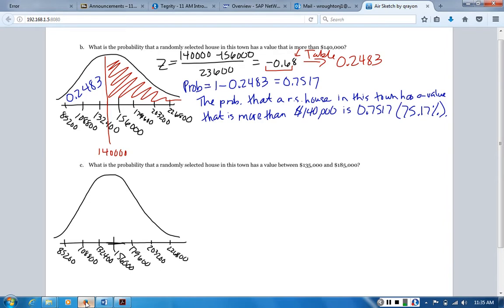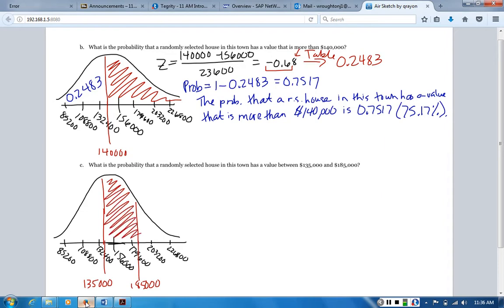And this time we're asked to find between 135,000 and 185,000. So let's see, 135,000, I'll say is about here. And that's my 135. And our 185. And we want between.